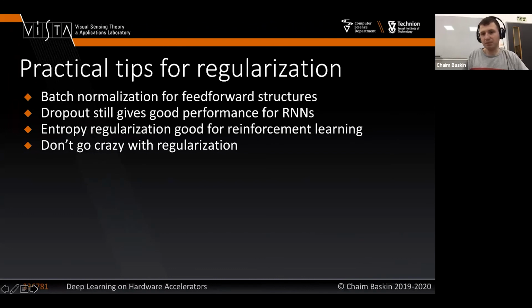So, practical tips for regularization: we use batch normalization for these structures. We will talk about dropout, which is good for the performance of recurrent neural networks, next session. Entropy regularization is good for reinforcement learning, also in the reinforcement session. And don't go crazy with regularization.